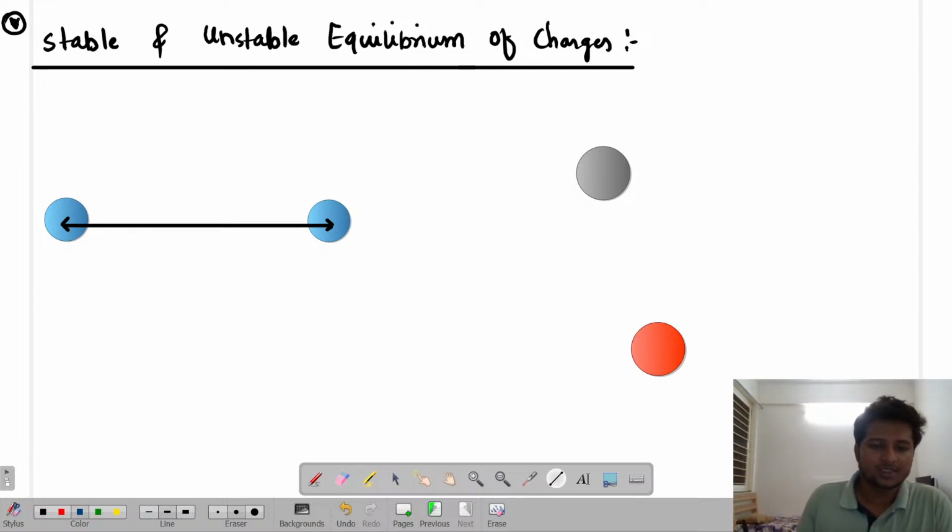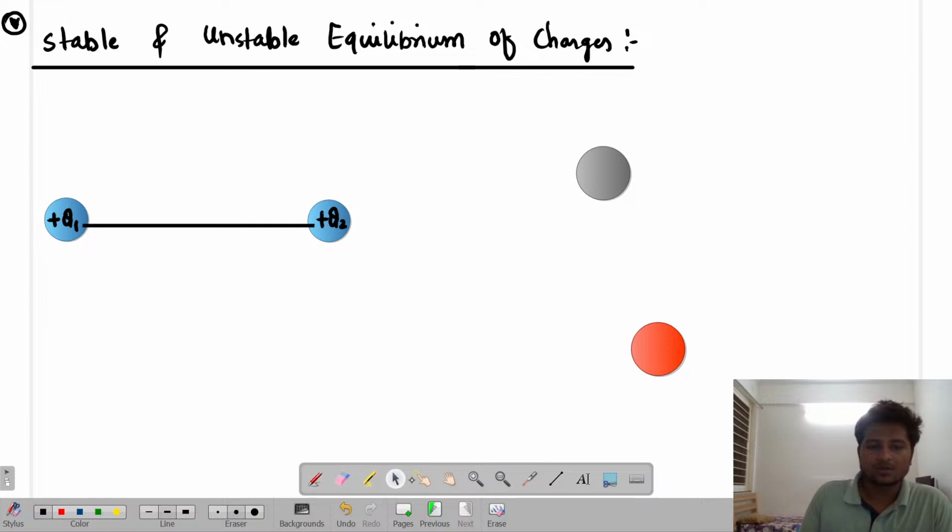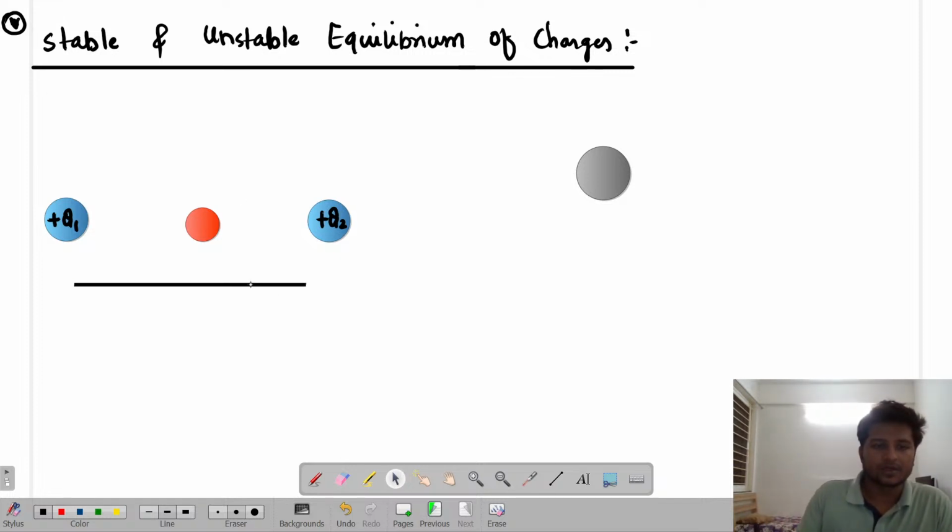Now the point is I can place any charge anywhere, isn't it? So these are my charges. Let's suppose this is plus q1 and this is plus q2. Now I just took this charge and wherever there was an equilibrium point, I placed it over here.